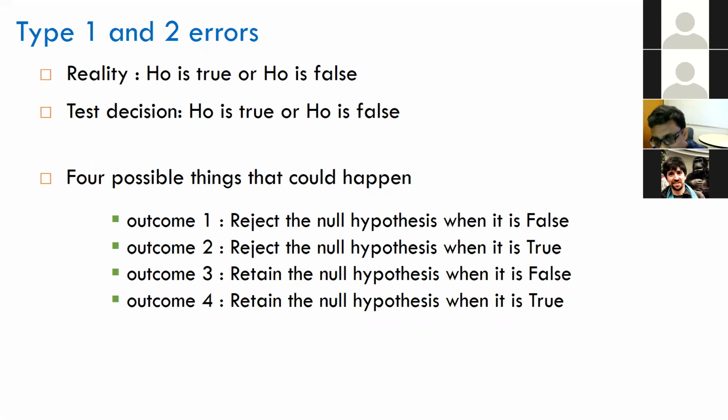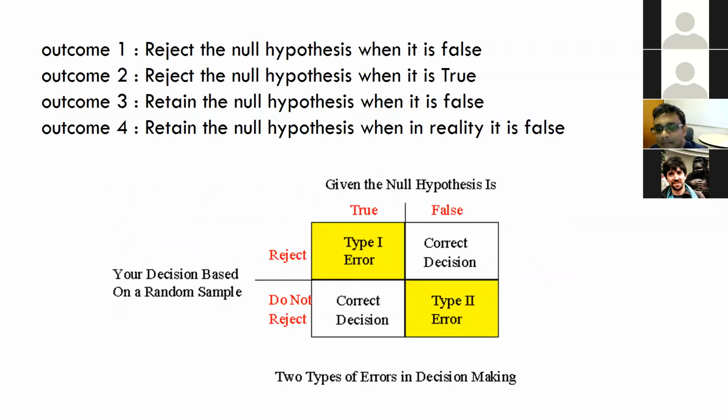Outcome 2, rejecting the null when it is true, is one type of error, and outcome 3 is the second type. So we give them names. If you look at this table, if you reject the null when it is true, you have an error, which is type 1 error.